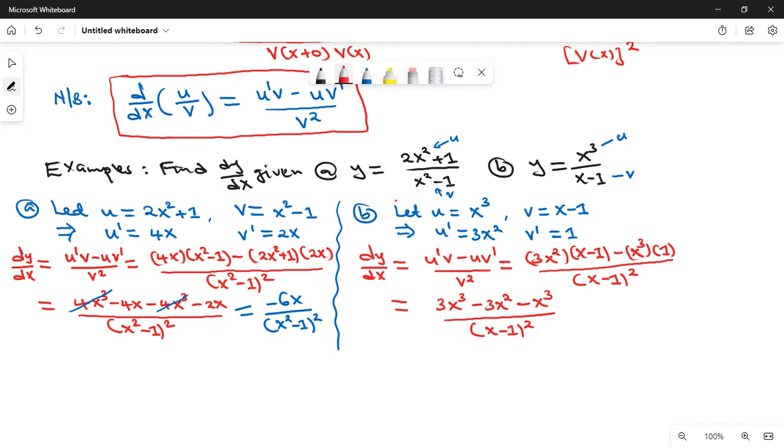We can simplify. You see, 3x cubed minus x cubed is 2x cubed. So this should give us 2x cubed minus 3x squared, everything over x minus 1 squared.